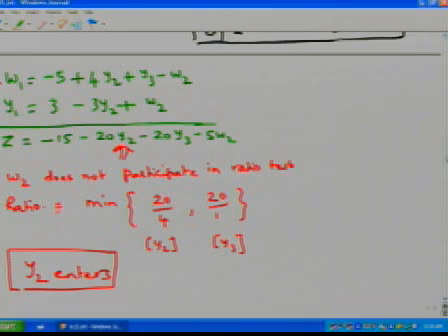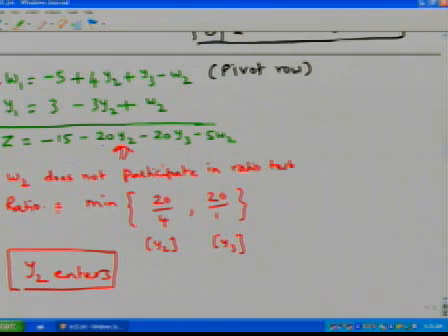Well, for the leaving variable, you have no choice. There's exactly one variable with a negative value, W1. So that leaves. And to determine what enters, you want to look at the ratios. This is going to be the pivot row. To do the ratios, you look at the absolute value of the coefficients.